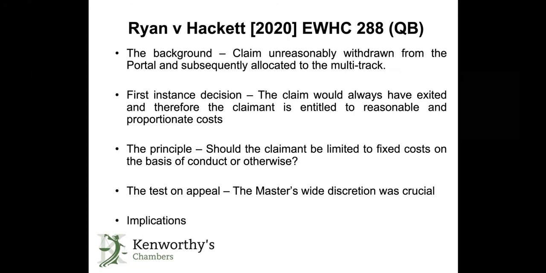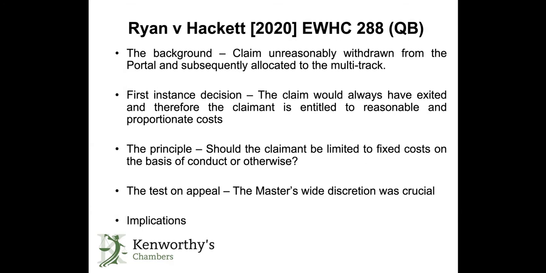Unfortunately, the claimant doesn't realise, for whatever reason, that that payment has been made. And the result of that is that they remove the claim from the portal process. And clearly in that case, it was unreasonable for them to remove the case from the process. The claim is subsequently issued, a defence is filed, disputing causation and quantum, and the case is allocated to the multi-track.